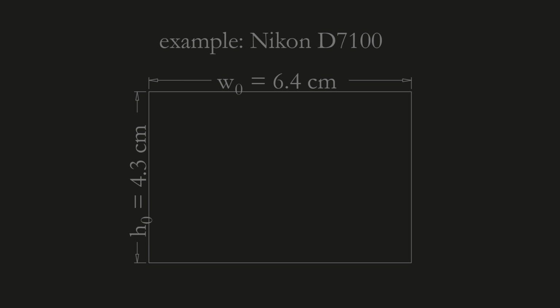So we're going to take a real life example: the Nikon D7100 camera's measurements of width and height, and we're going to walk you through how we create the measurements for desired aspect ratios. The examples we're going to use here are the same two aspect ratios that we've been using in the previous examples, the 16:9 ratio and the 5:4 ratio.